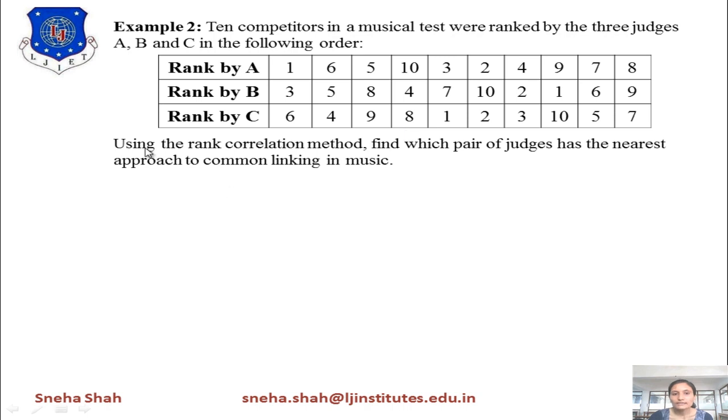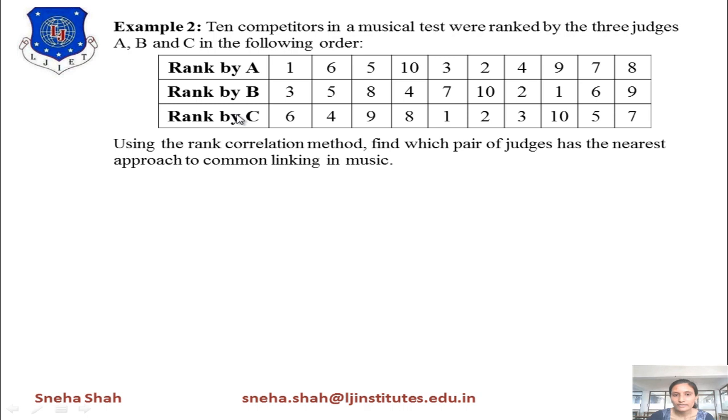Now, using the rank correlation coefficient method, find which pair of judges has the nearest approach to the common liking in the music. It means we find the rank correlation coefficient from the ranks given, and the pair with the highest value of the coefficient has the nearest approach of common liking in the music.